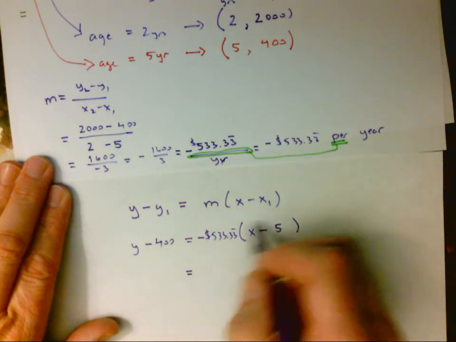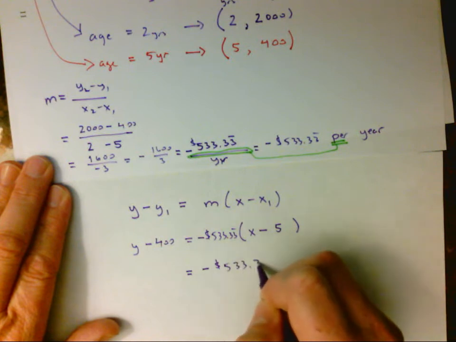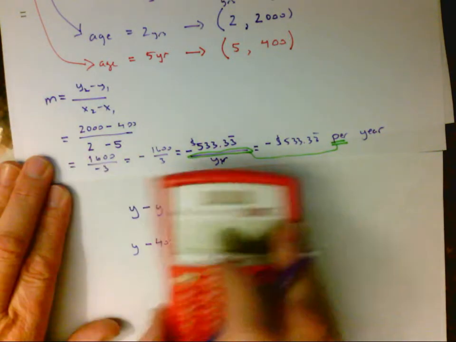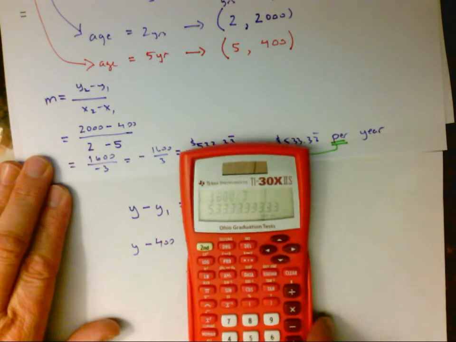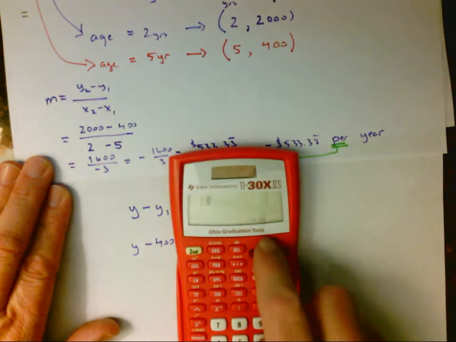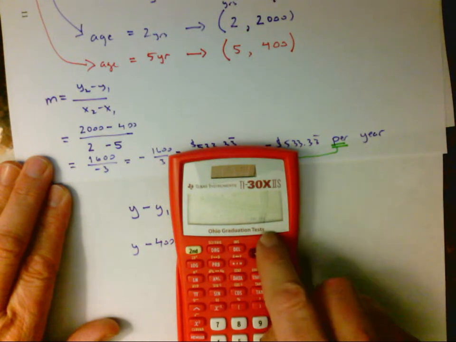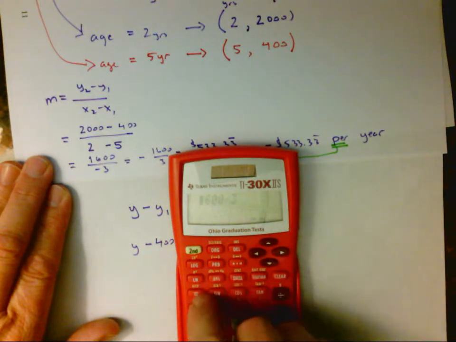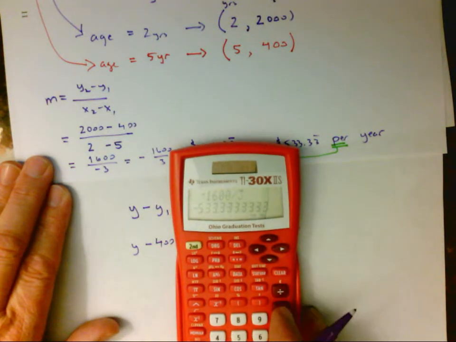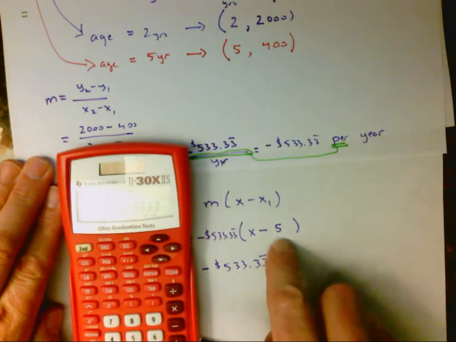So distributing through the parenthesis, negative 533.33 repeating x minus. Since I left this here in the display of my calculator, I can simply multiply, provided I don't clear it. I can simply multiply what's in the display of the calculator by the 5.